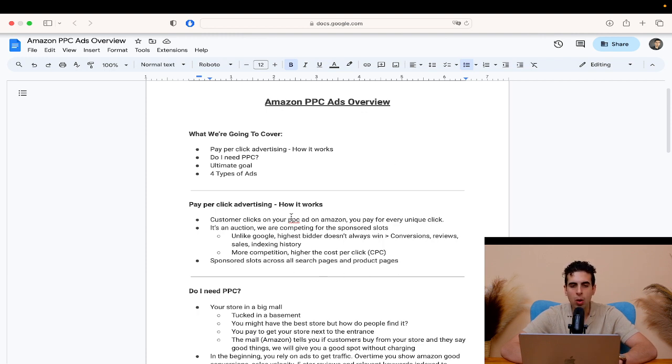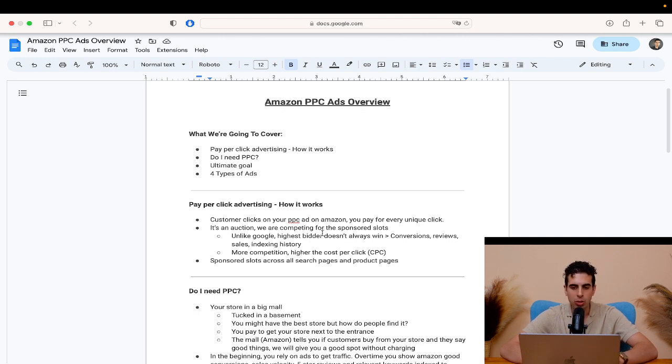Now, this is an auction-based system. Every time you set a bid, Amazon will put that bid in the auction, and you're competing against other bids that might be from your competitors to get that sponsored slot. Unlike Google, where the highest bidder always gets the sponsored slot, Amazon works a bit differently.